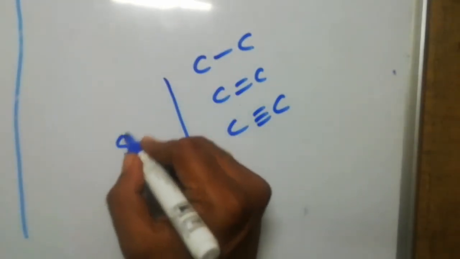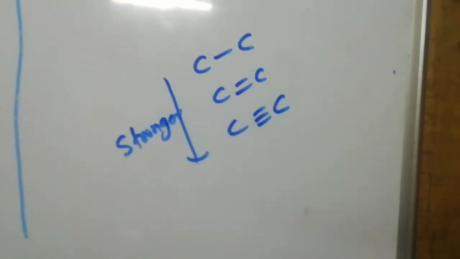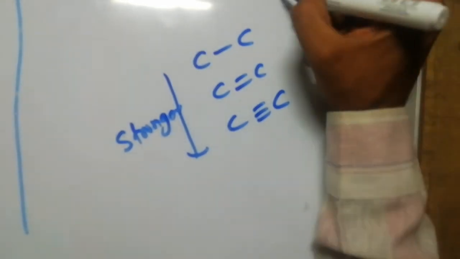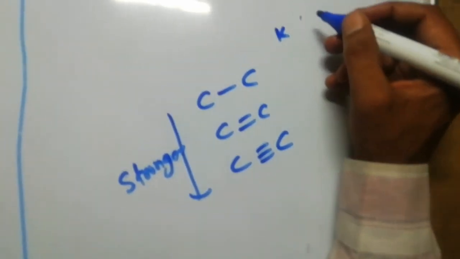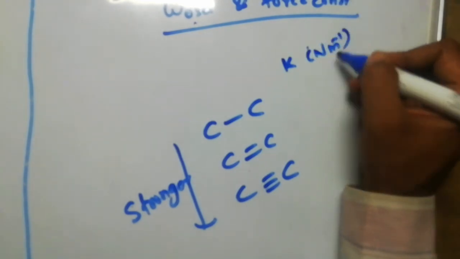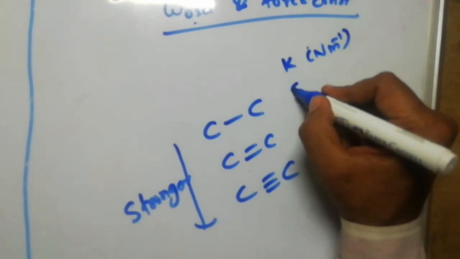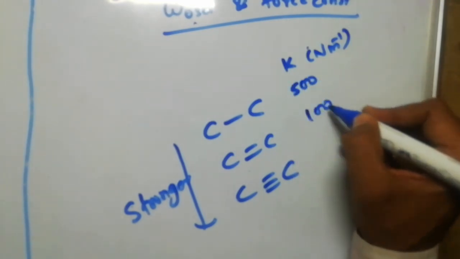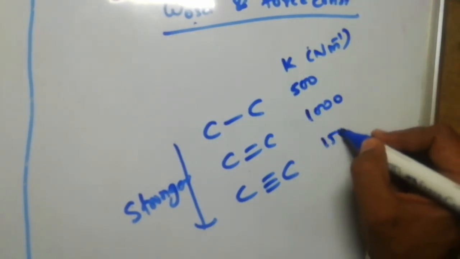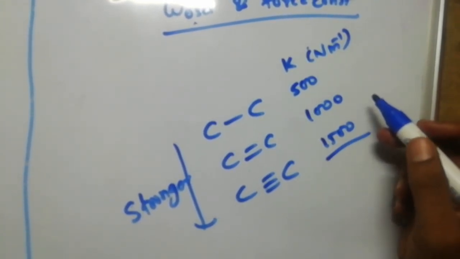The carbon-carbon triple bond will be the stronger, and the carbon-carbon single bond will be the weakest in this series. The unit of the force constant k is Newton per meter. The value is roughly around 500, 1000 and 1500 Newton per meter for these bonds.